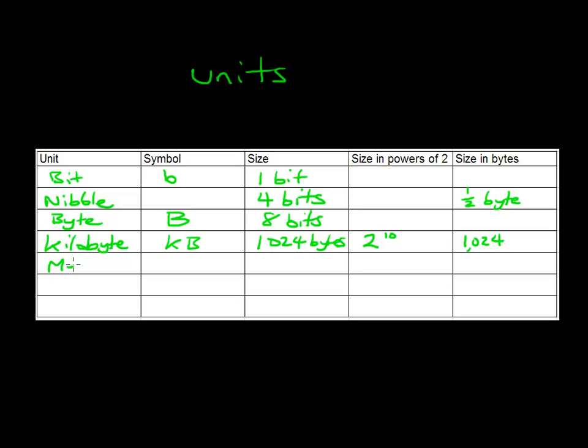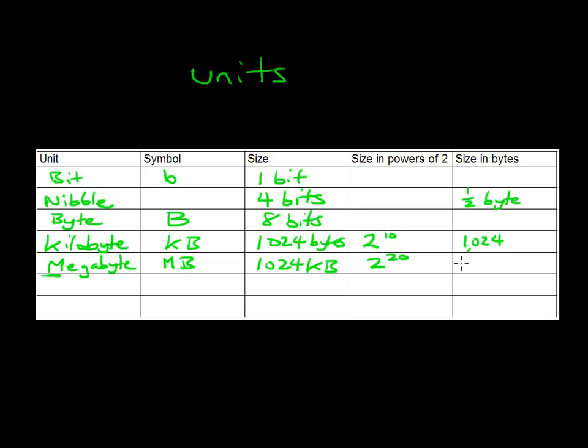We then have a megabyte. This one's quite easy because the letter M, which we use in MB, stands also for 1 million. If we look at how big that is, it's 1024 kilobytes this time, which is the same as 2 to the 20. That's 2 times 2 times 2, 20 times.